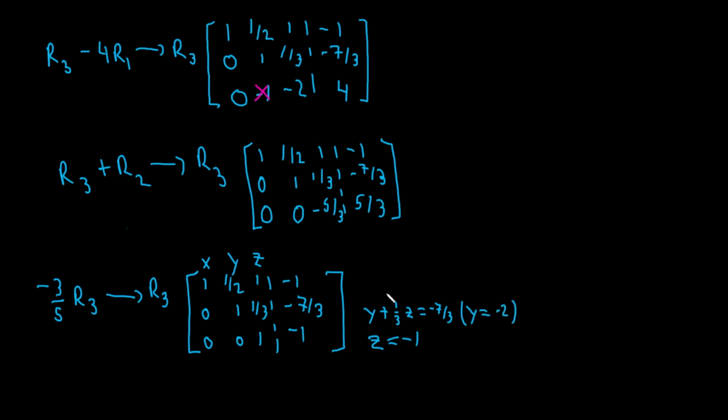For the last equation, we know that x plus 1/2 y plus z is equal to minus 1. We know that z is minus 1, I know that y is minus 2, so we get x minus 1 is equal to minus 1. So x is equal to 1.